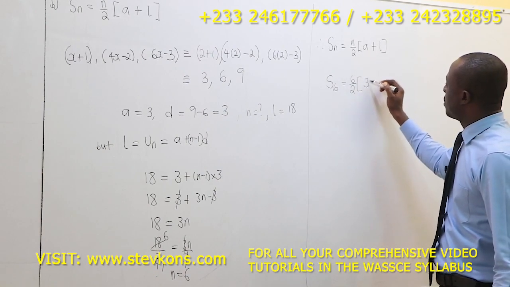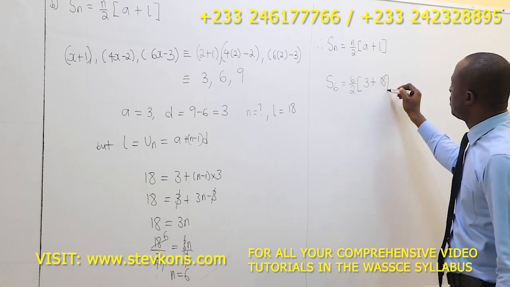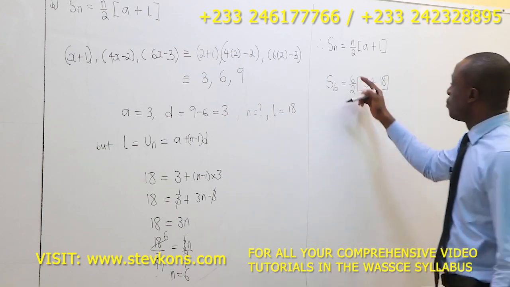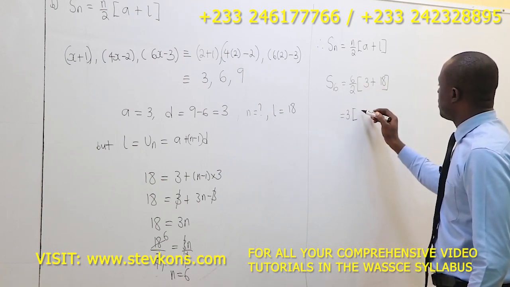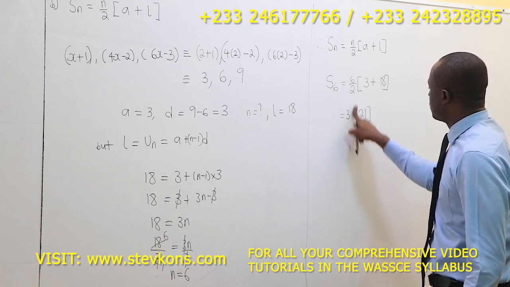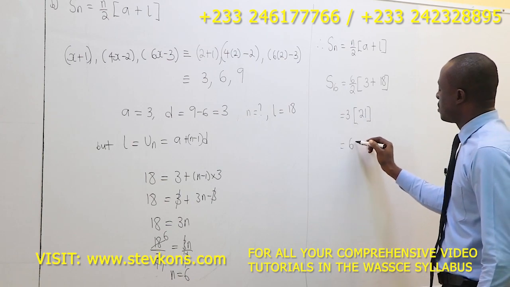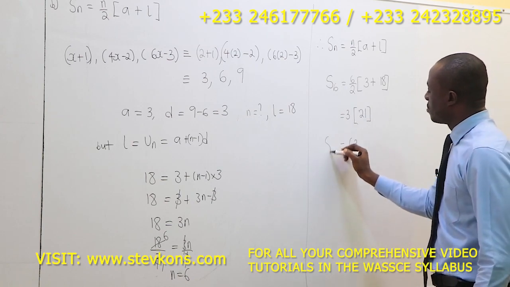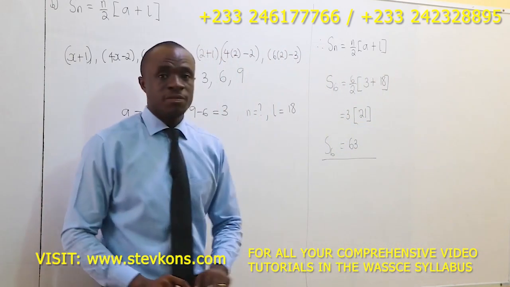What is our a? 3. What is our l? Our l is 18. 2 goes into 6 3 times. 3 times the quantity 3 plus 18, that's 3 times 21, and this is 63. So the sum of the terms is 63.